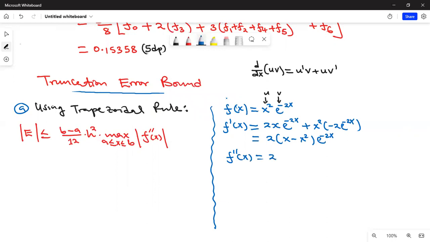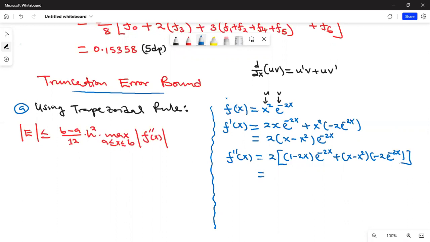Again, this is 2, still using product rule. That's 2 into (1 minus 2x) exponential negative 2x plus (x minus x squared) times negative 2 exponential negative 2x.